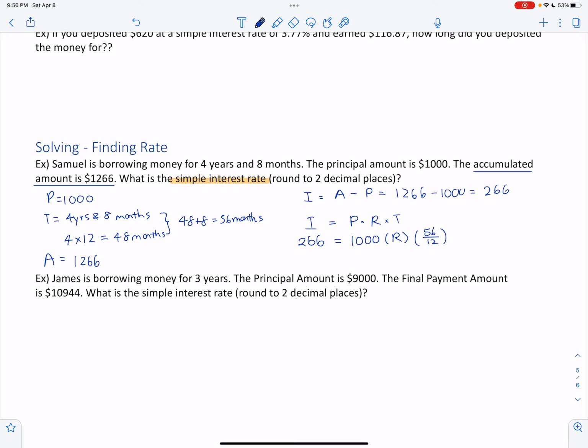So type this in. 1,000 times 56 divided by 12, times R, gives 4,666.67R equals 266. So divide both sides by that big number.